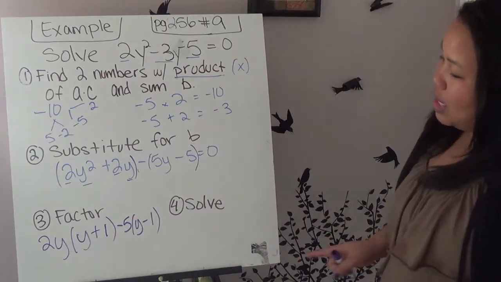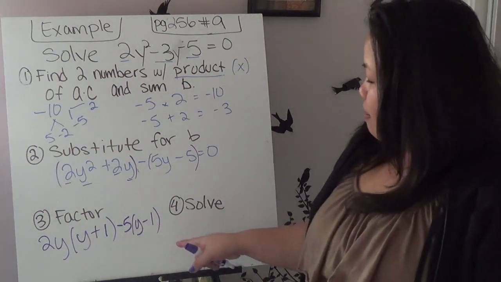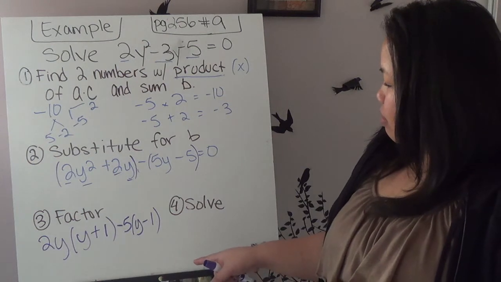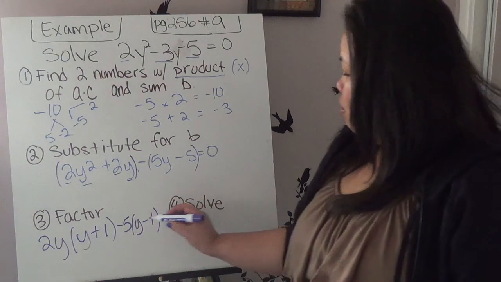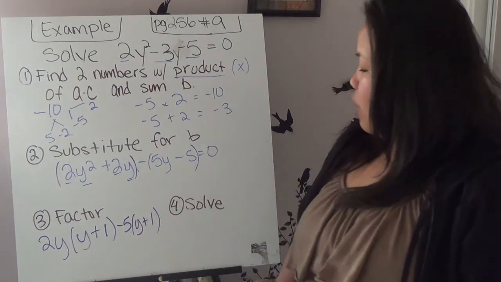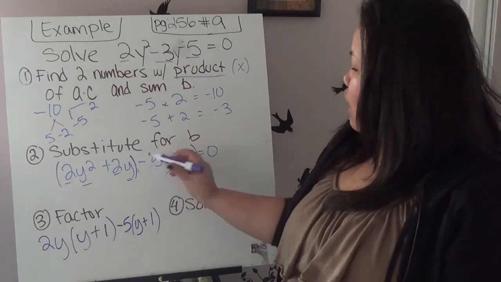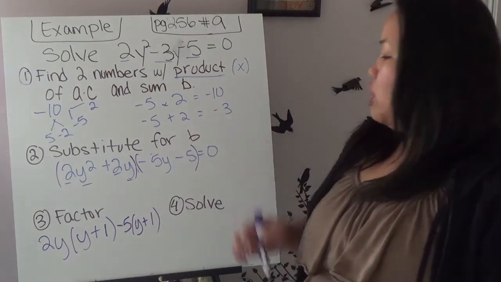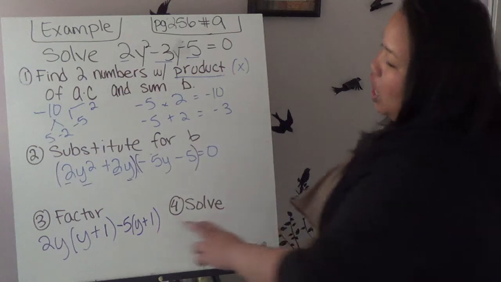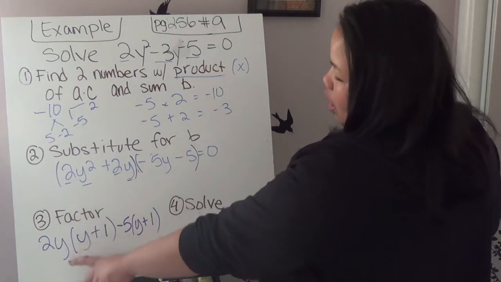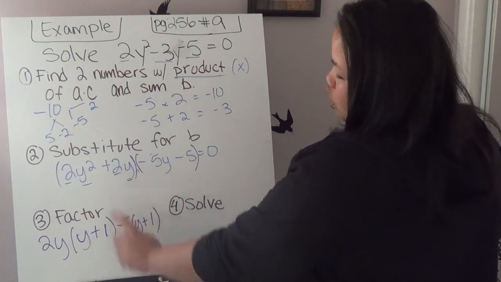Now the problem is that it should be y plus 1, because I took out a negative 5 from here. So one more time, let me explain that. I apologize. I took out a 2y from here, I ended up with y plus 1 here.